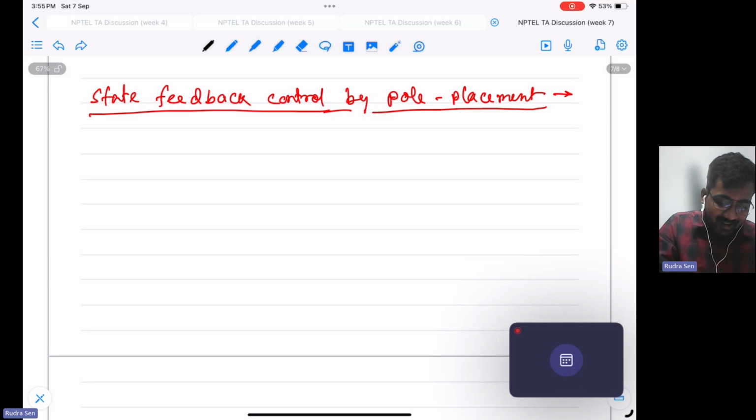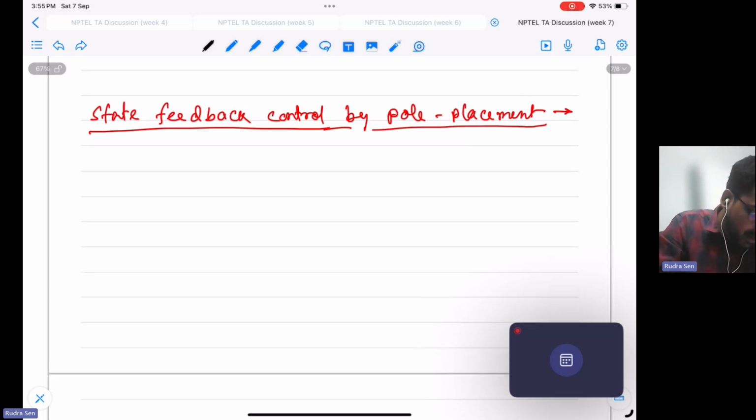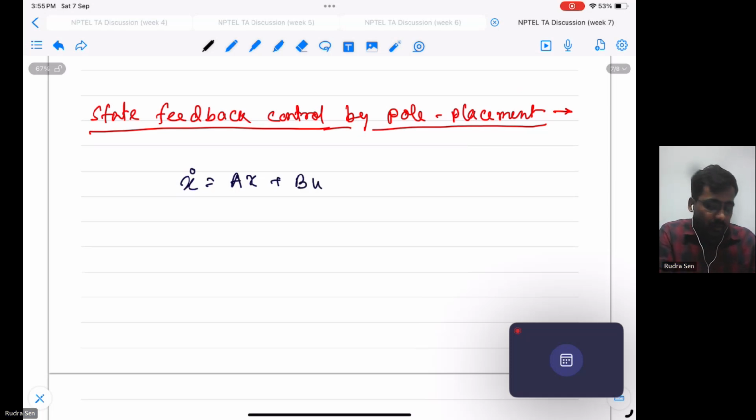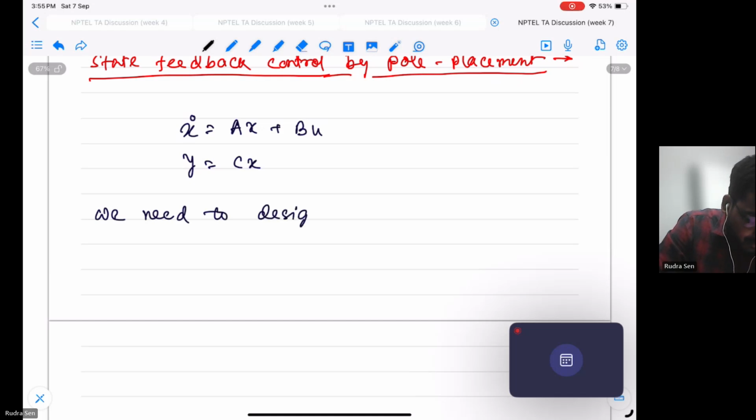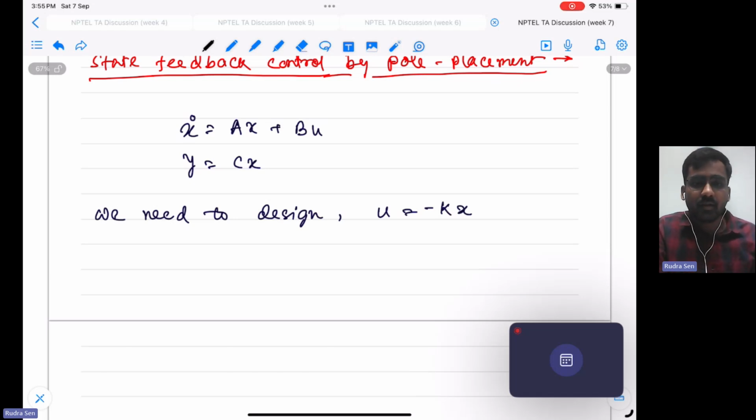So we have a system like that: x dot equals Ax plus Bu, and y equals Cx. We are considering the proper system and designing u equals minus Kx.